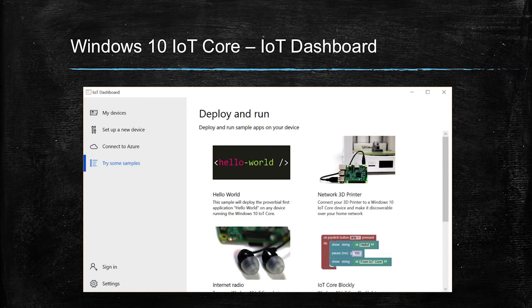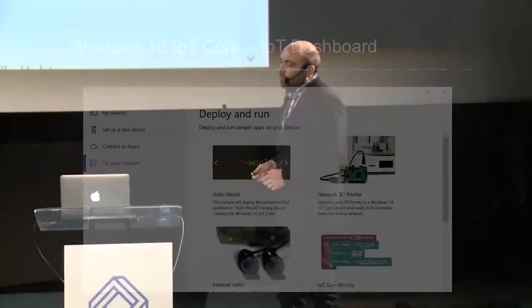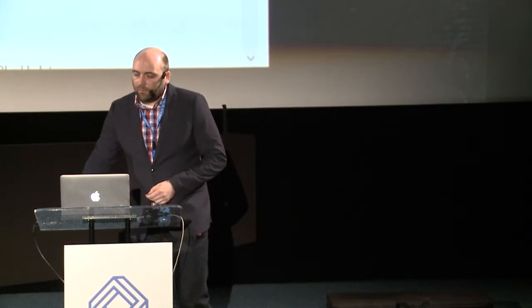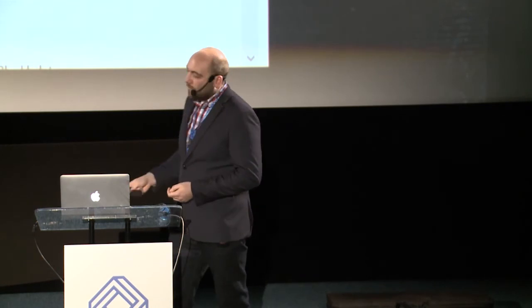Typically when you want to try something new, most likely you will be afraid that it may consume a lot of time. But with Windows 10 IoT Core, it's really pretty fast. You can set up your device very quickly and then start working with the code.